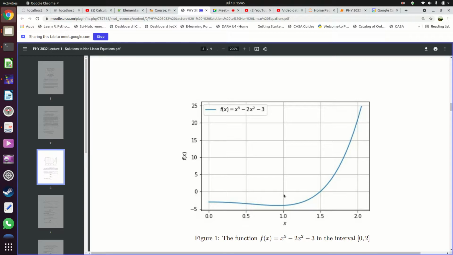We are saying that the reason why we are looking for a guess value is because we want to find a way of shrinking the boundary. We want to make our interval smaller. Right now the interval is 0 to 2, but we want to find a way of making this interval smaller.